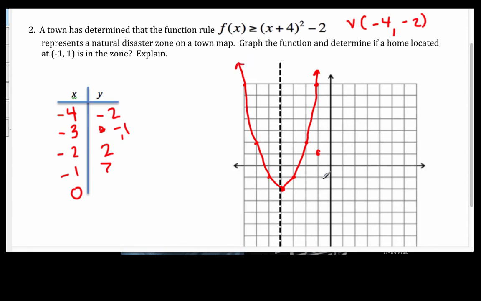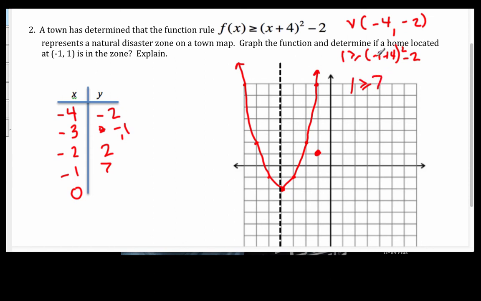Now I've got to determine whether or not this point is in the danger zone. So we substitute the values in. We're at the point (-1, 1). So we find out if this is true: 1 greater than or equal to (-1 plus 4) squared minus 2. So let's do the arithmetic on this side. -1 plus 4, and actually we know the value is over here, it's 7.